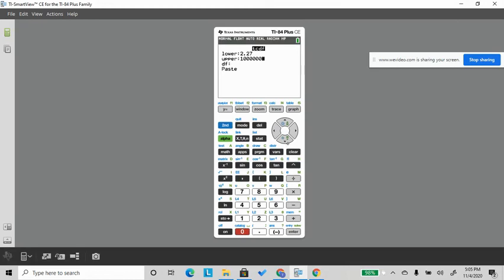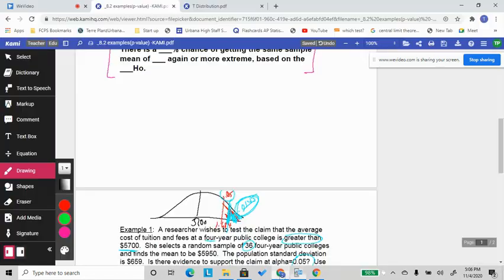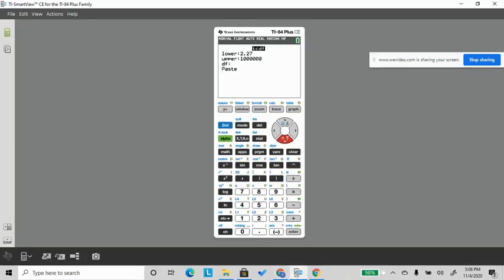Even three zeros is fine, 1,000 is fine. And then whatever the degrees of freedom was. Forgot the degrees of freedom. 35. Sample size is 36. Okay, and I hit paste. And voila, there's the p-value. So that's a way to do the p-value too.